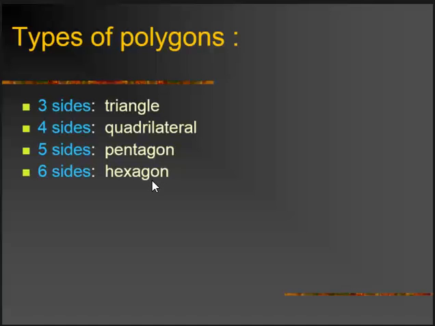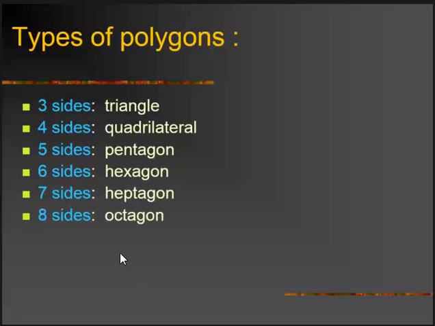Okay, from this point on, we are going to end everything in the suffix gon. So pentagon means 5, hexagon means 6, heptagon means 7. And those are very similar, so be careful not to get them mixed up. Hexa, 6, hepta, 7. You should be using these in chemistry as well, so perhaps you're familiar with them.